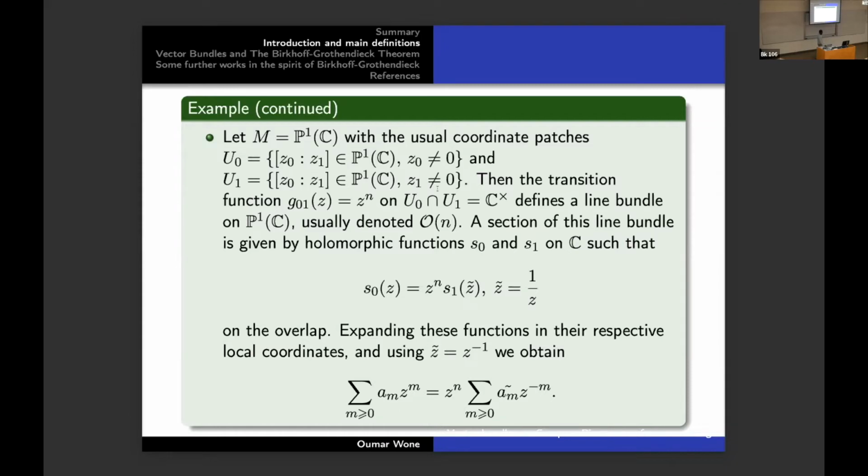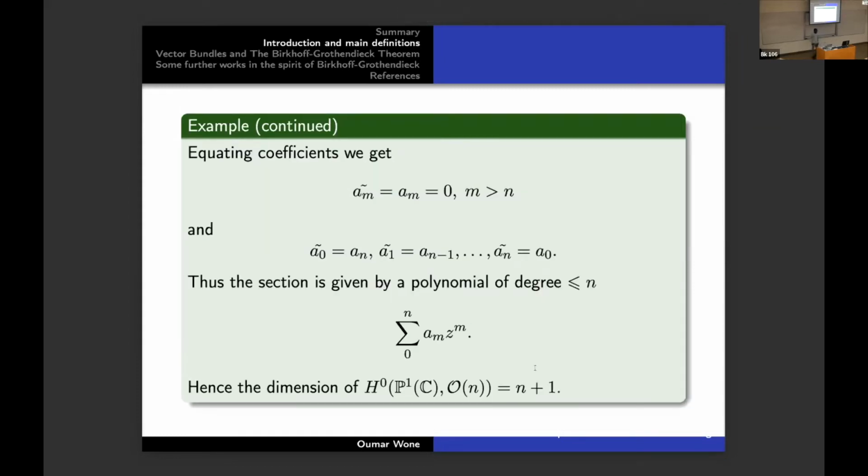Then we obtain this relation, the sum over M of A_M Z^M equals Z^N times the sum over M of A tilde M Z to the power minus M. And when we equate coefficients, we get A tilde M equals A_M equals 0 when M is strictly greater than N. And in the remaining cases, we get these relations.